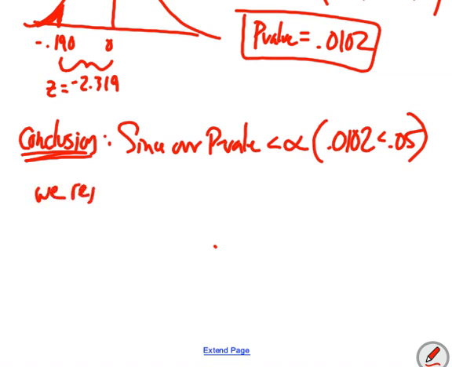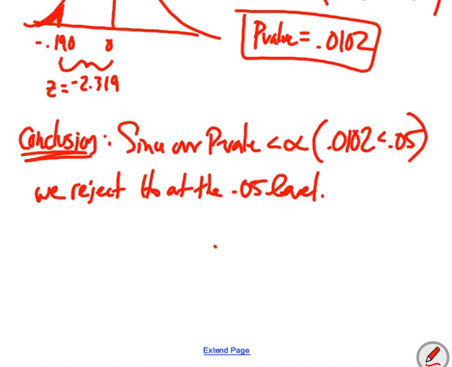We're going to reject the null hypothesis at the 0.05 level. And then, so that's kind of our formal conclusion. And of course, we always want to write something that makes sense in context. What does that actually mean with respect to the problem?